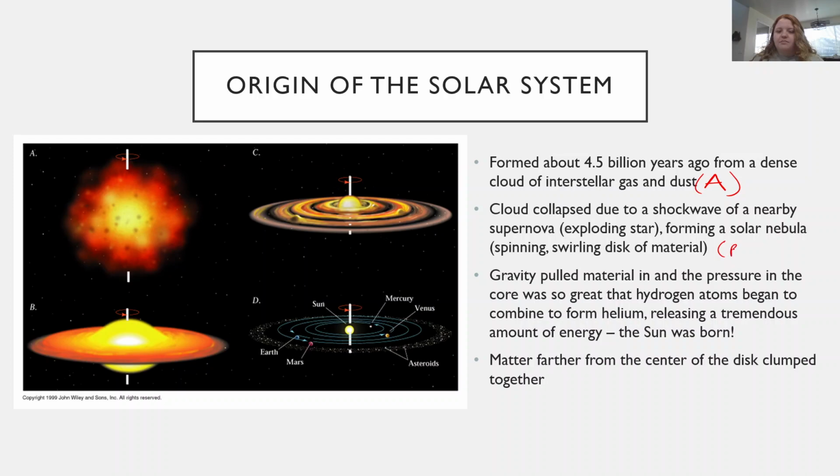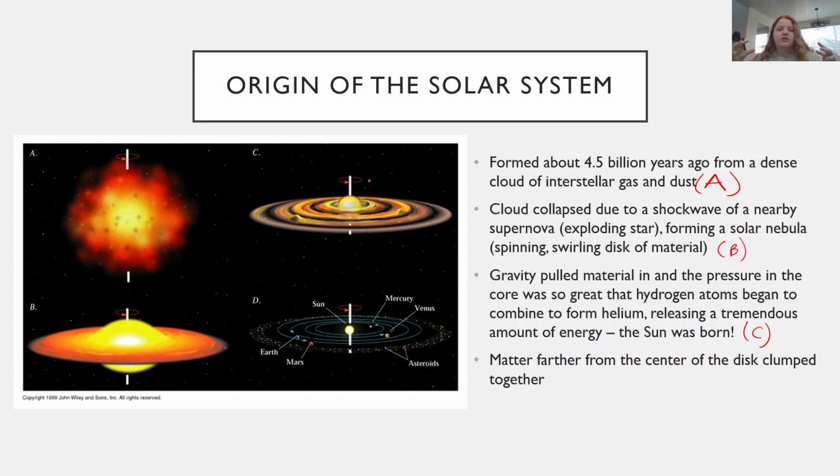So that eventually would be here to see. So gravity pulled in a lot of material, including hydrogen atoms, combining to form helium atoms, and it released a lot of energy. And then this sun was born here in the middle.